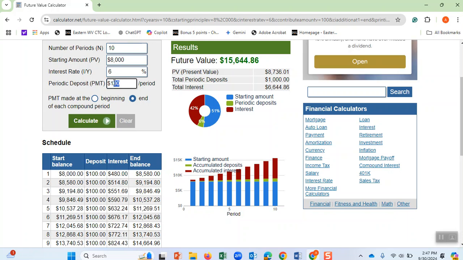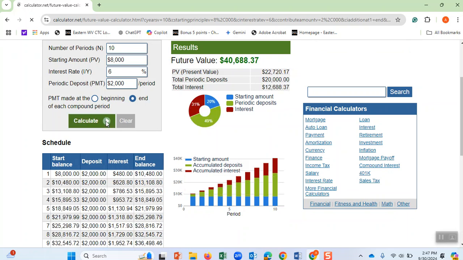Therefore, I need to increase this one, maybe from 100 to 2,000. Let's see if I put 2,000, can I bring it up to make it to 50,000 10 years from now? That way I can go and buy the house or send my son to college. Here you go.